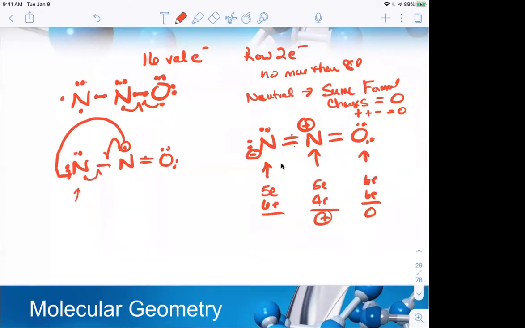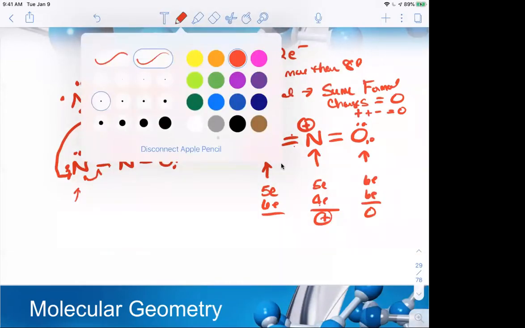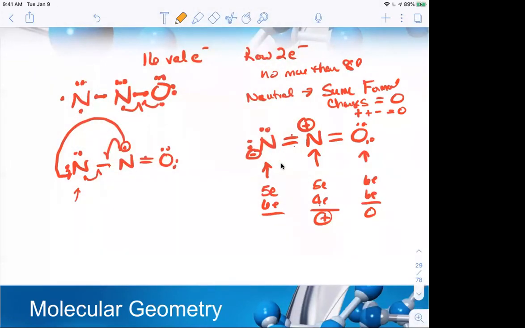Now, let's see if I can get another resonance structure by redistributing electrons. If I go this way, I could do this. And then what I'm going to get is nitrogen with 3 lone pairs, like that.